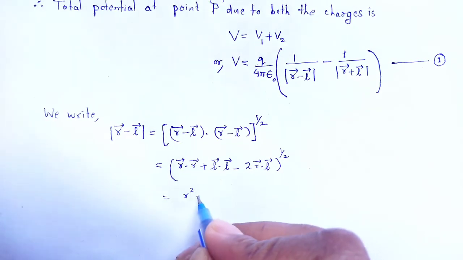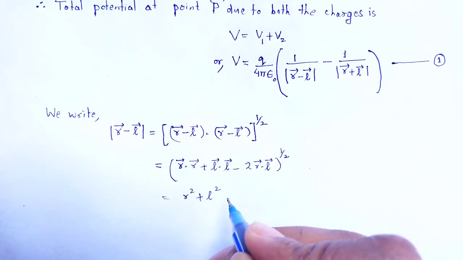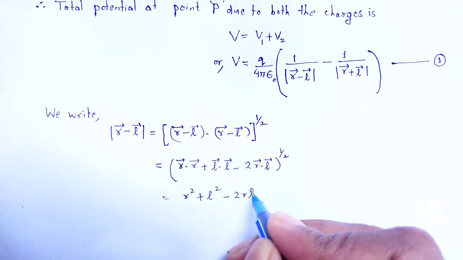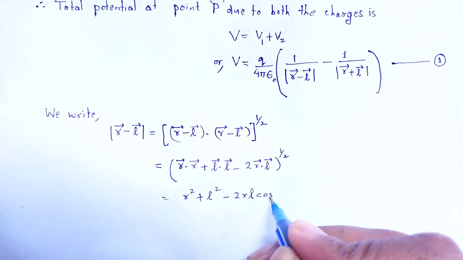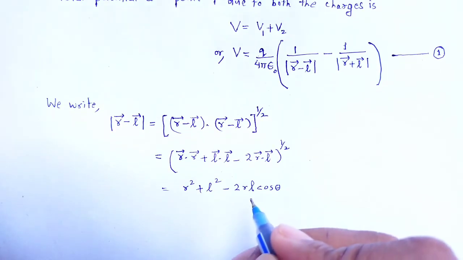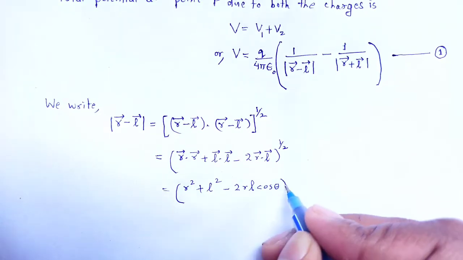That is r square plus l square minus 2 r l cos theta, where theta is the angle between these two, to the power half.